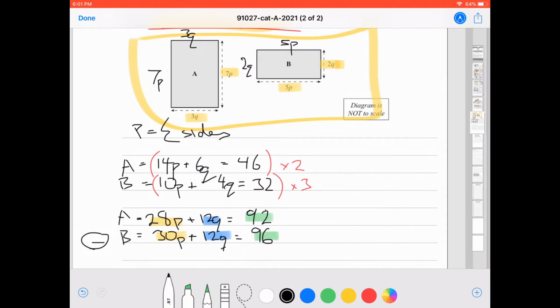We can say 28p minus 30p is minus 2p. The q's cancel out. 12q minus 12q is 0. And so that equals 92 minus 96, which is minus 4.